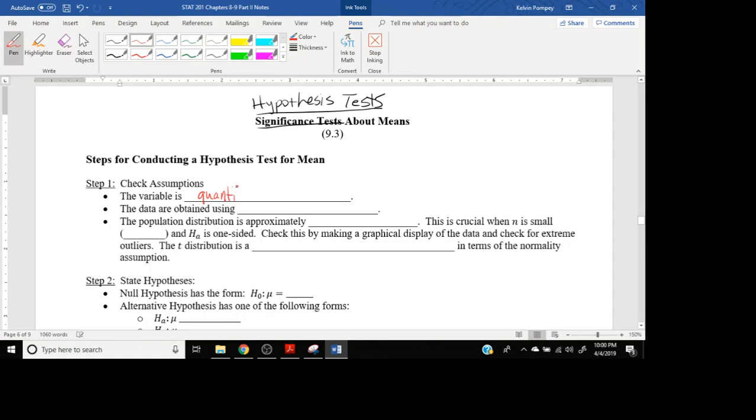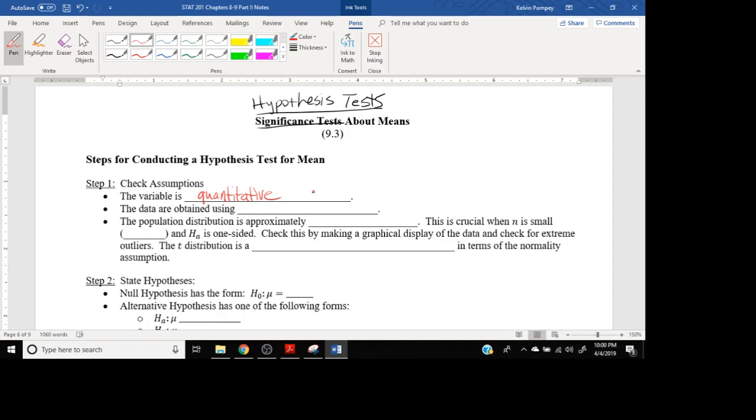Remember that quantitative is the same thing as saying numerical, right? When we were dealing with proportions, we had categorical variables, where the variable measured on the individual level takes on one of several categories, versus here, where our variables are numerical.